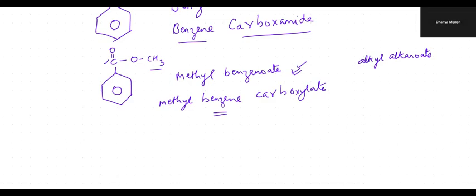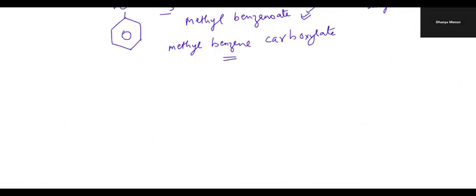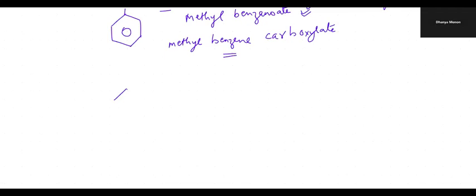Now, coming to ether, OCH3. Ether is ROR dash. Okay, so one R can be methyl and the R dash can be phenyl or vice versa.